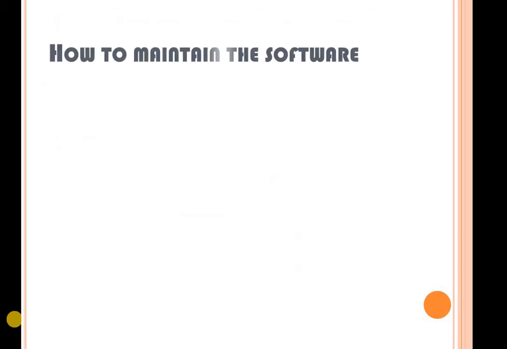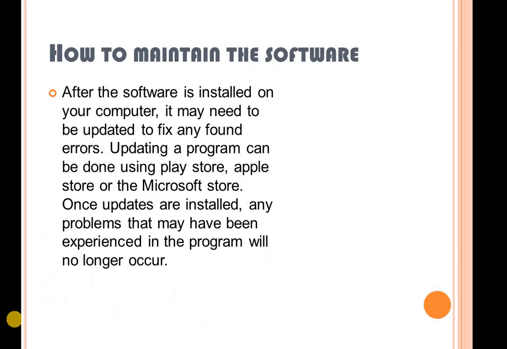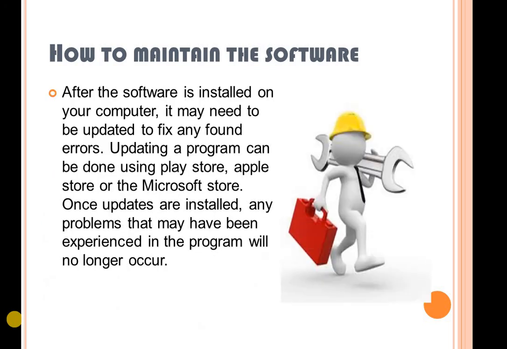Now, also, how do we maintain our software? Like I said, it's also very simple. After the software is already installed in your computer, it may always need to be updated to fix any found error. Now, this is the work of the utility software, like we have discussed.